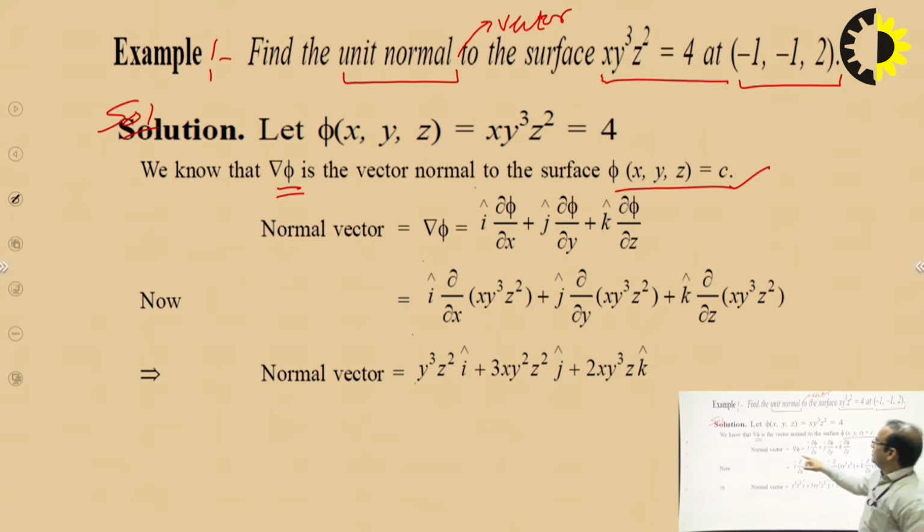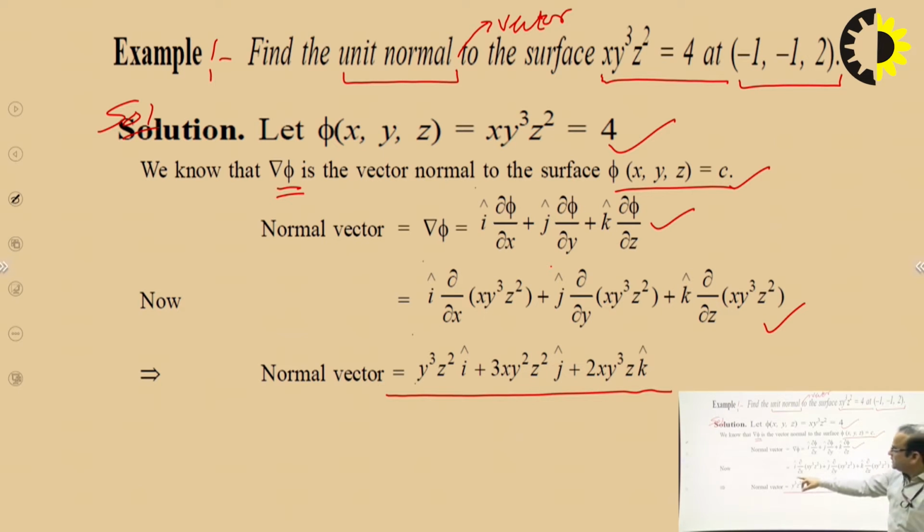The mathematical definition of this normal vector is del phi, with the operator distributed over the different components, and after differentiation we get this vector as the normal vector. Sometimes we also denote it by vector n.